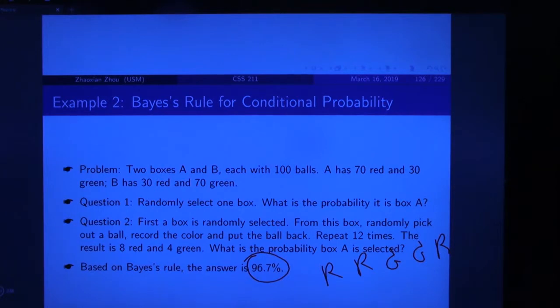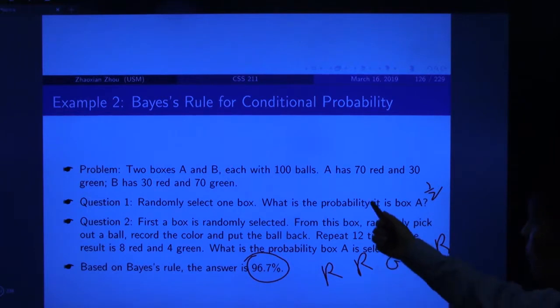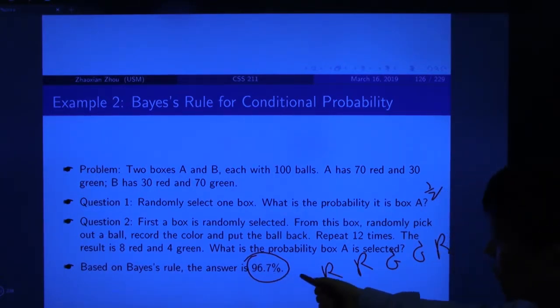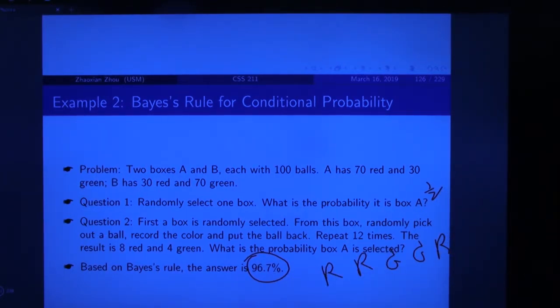At the very beginning you think this is only 50%, but you are more likely to change your opinion to box A. But the question is, you do not want to change your opinion to box A that fast.